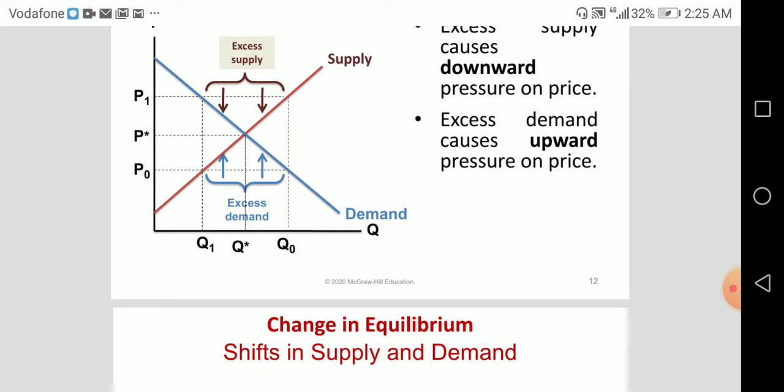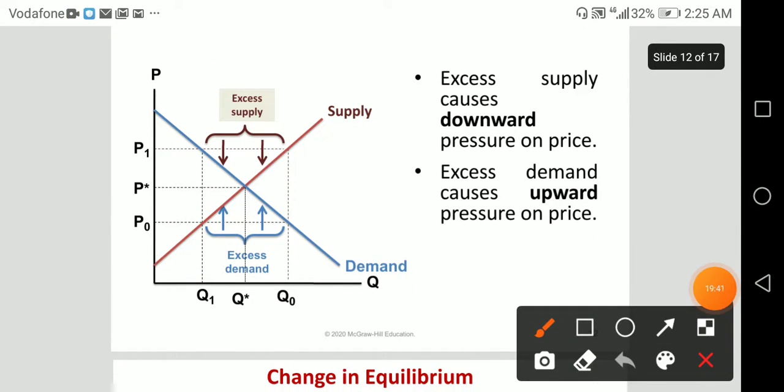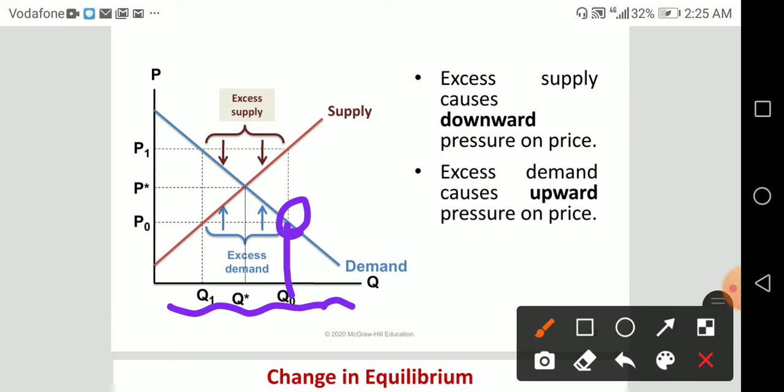Why? Let's see why. I want to show you something. When I'm having excess demand at this point, over the supply, I will have a pressure on the prices to get up. So the price should increase to reach the equilibrium point.